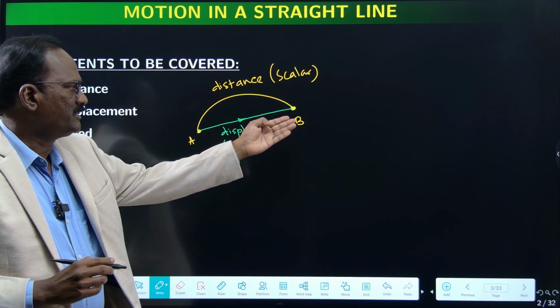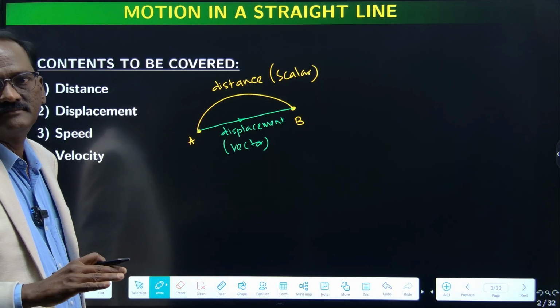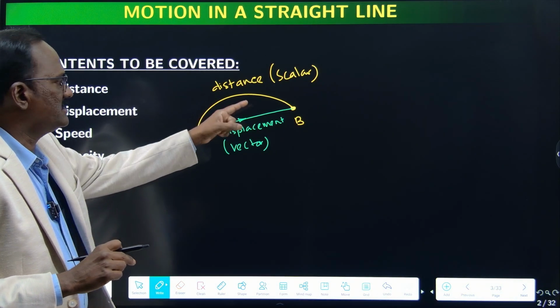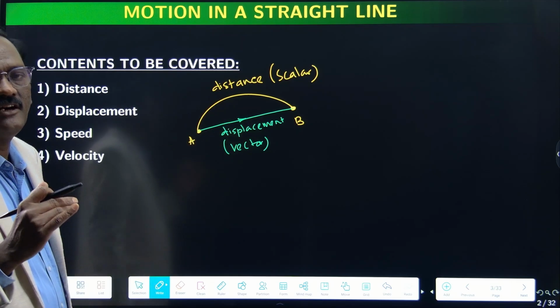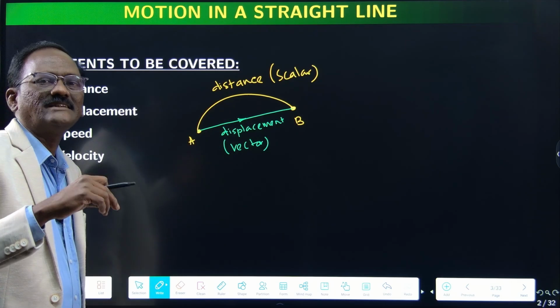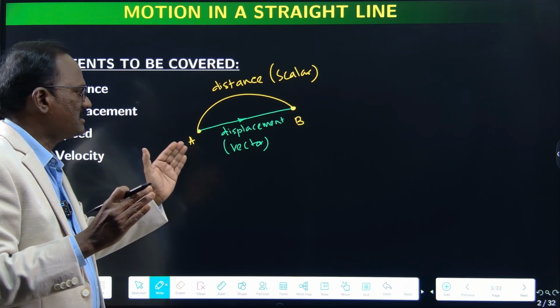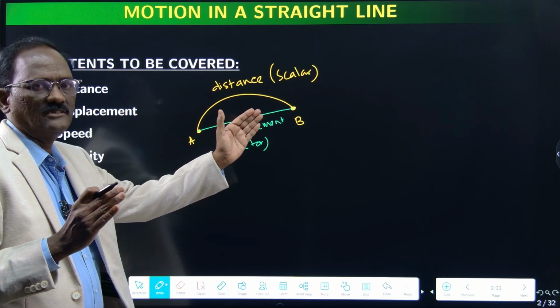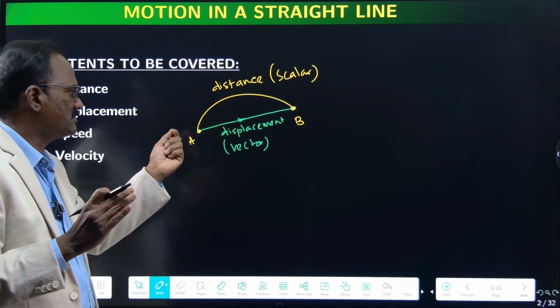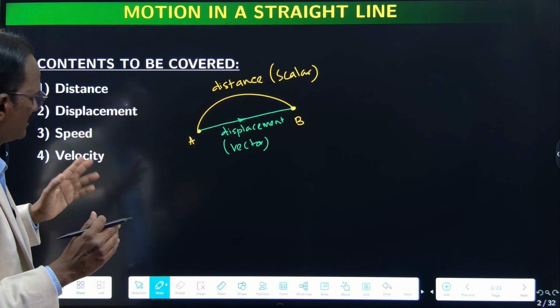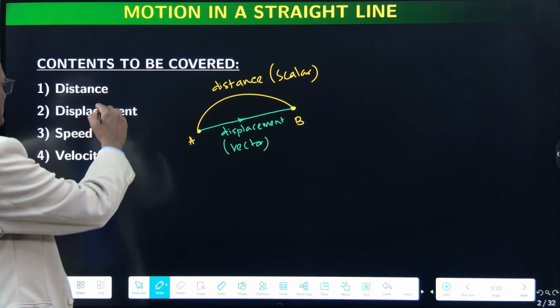If the object moves from B to A, it is negative direction, right? So distance is the actual way of the object's travel. This is the shortest line or the straight line connecting position A and position B. That is the starting position, and this is the ending position, right? Fine. This is distance.